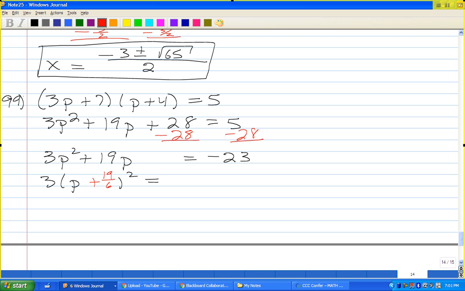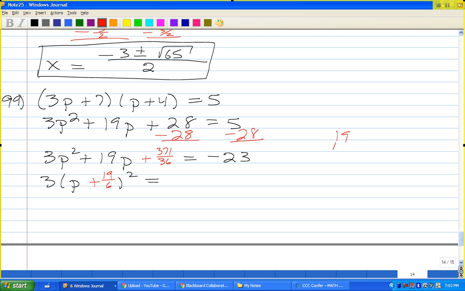Square that. And so you get plus 19 squared over 36.